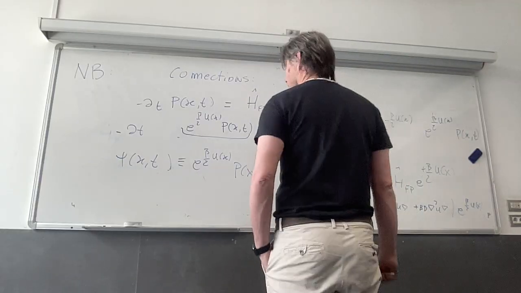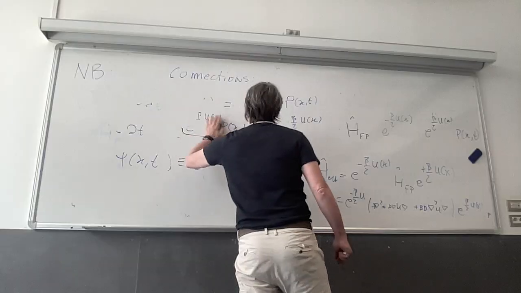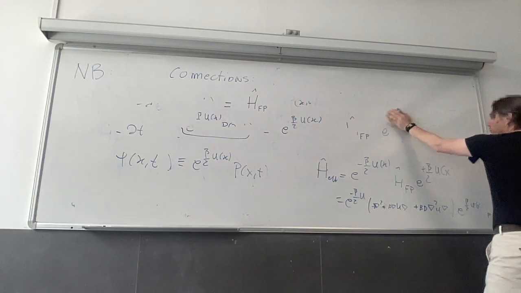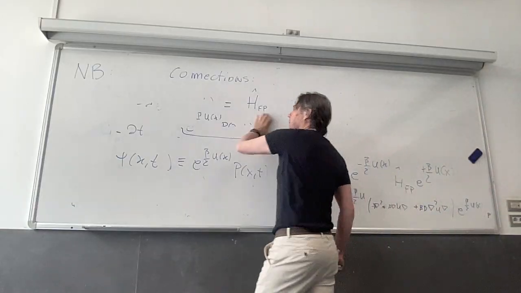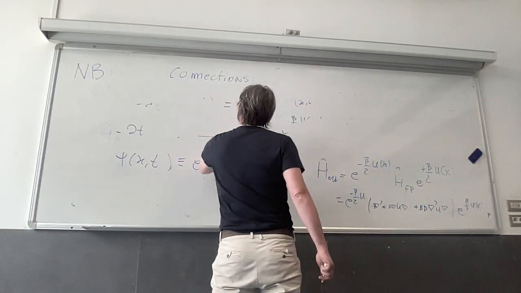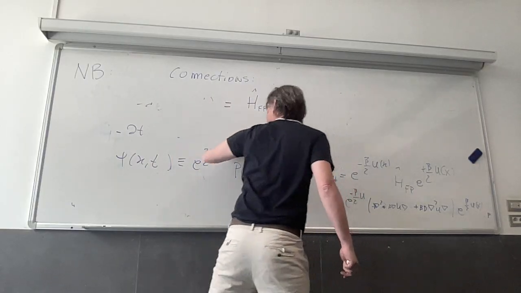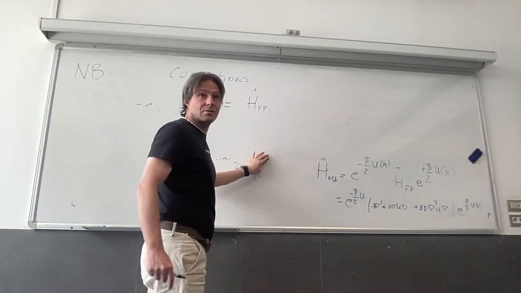And let me just tell you what the result is. The result is a new form of a Fokker-Planck equation, this time not in terms of the probability p, but in terms of a new function psi that is related to p by this function transformation.